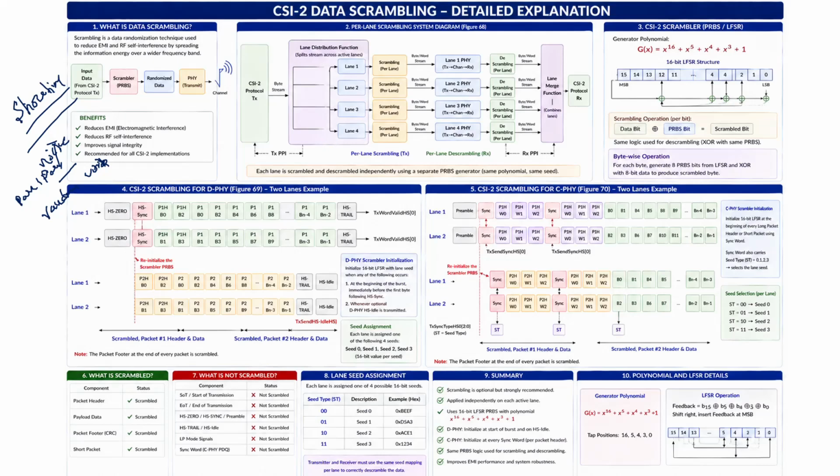So that is data scrambling, the technique where we are randomizing the transmitted data.